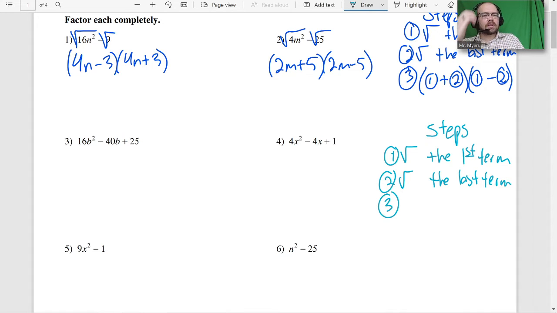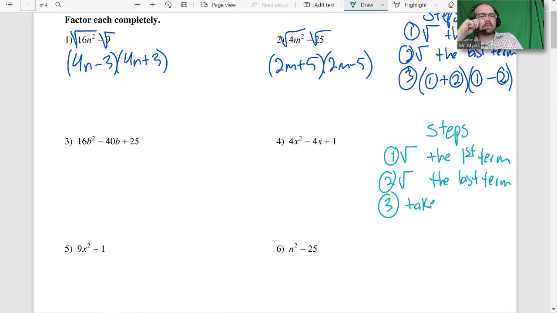And then here, so step 3, what we do is you put the sign of the middle term, basically. So you take the sign of the middle term. Let me write it like this.